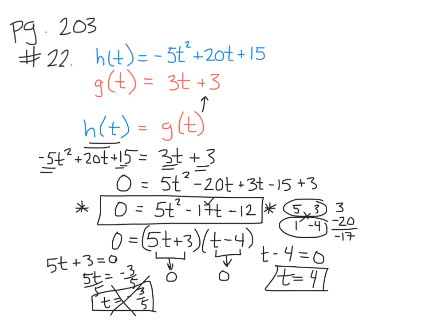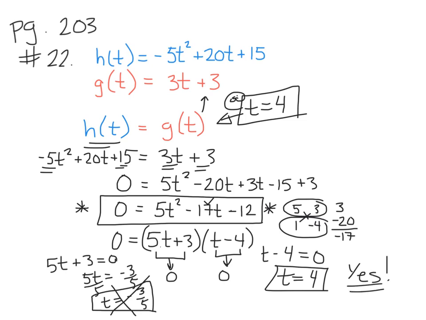So I know that these two things are equal to each other at time equals 4. That's when they're going to hit each other. It asks us for what time this happens. When or will the ball hit the baseball? I mean, the answer is yes, it will hit the baseball because we got an actual answer that makes sense that is in the positives. So yes, it'll hit the baseball. If so, when?